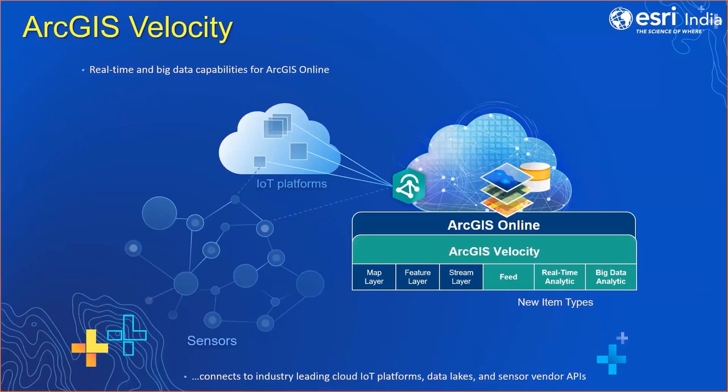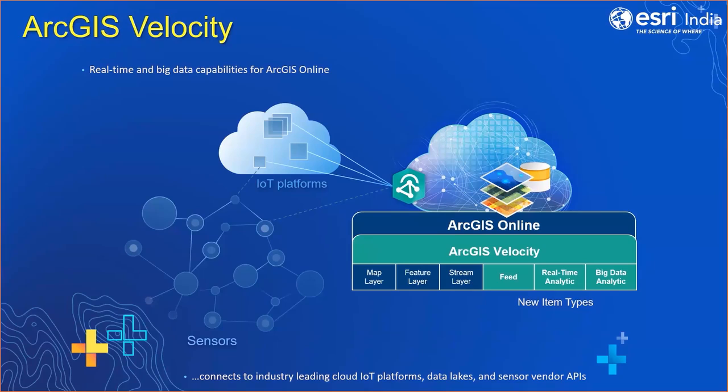Now, the second option for bringing this real-time data feeds into the ArcGIS platform is a product called ArcGIS Velocity. ArcGIS Velocity is a real-time and big data processing and analytical capability of ArcGIS Online. It enables you to ingest, visualize, analyze, store, and act upon data from various sources, including AIS.